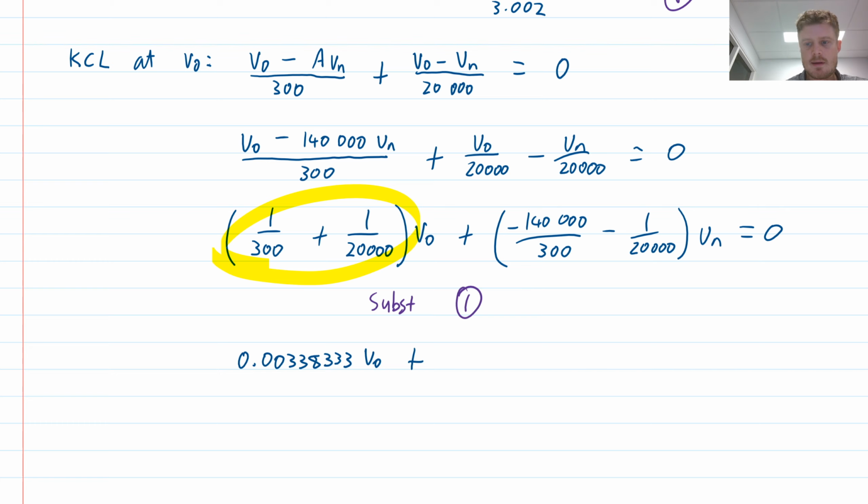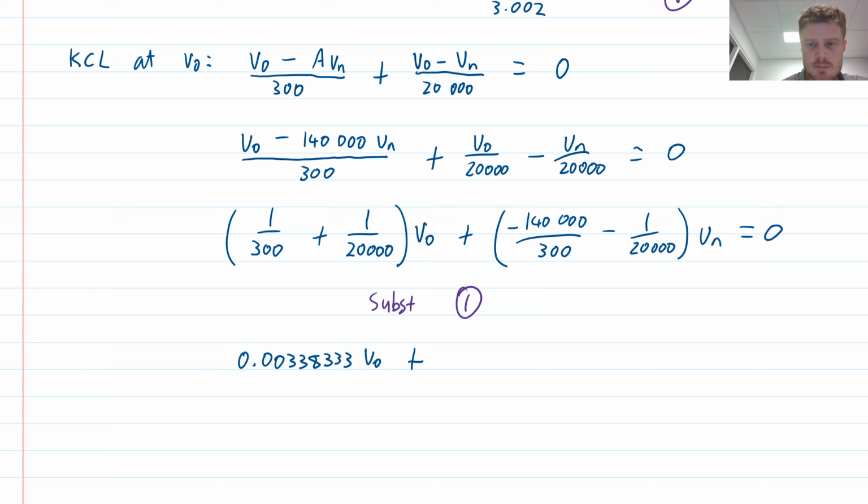Then the numbers in the second bracket are negative 140,000 divided by 300 minus 1 over 20,000.